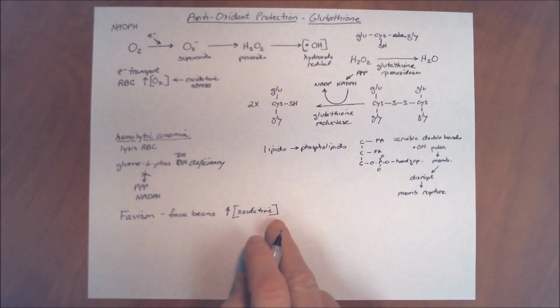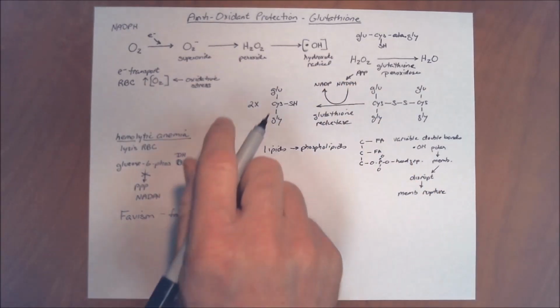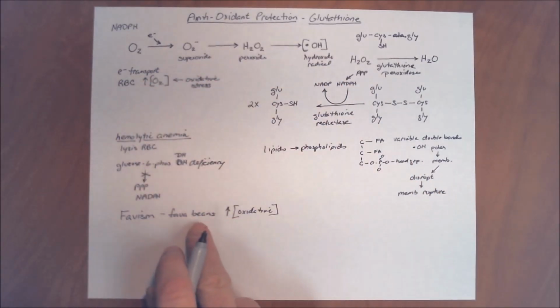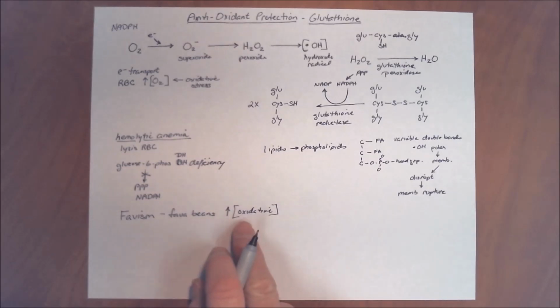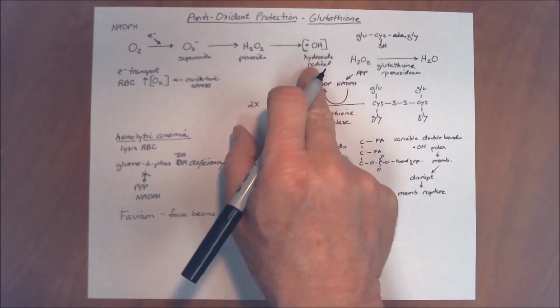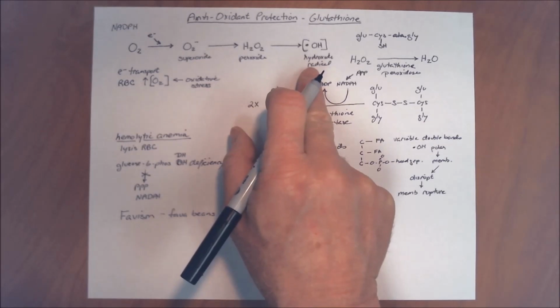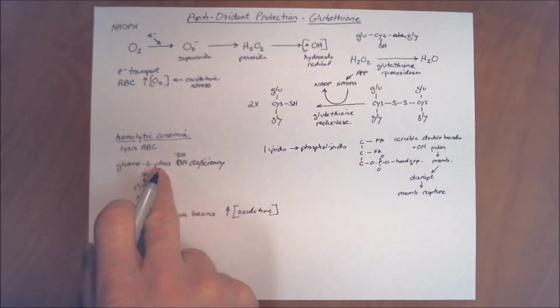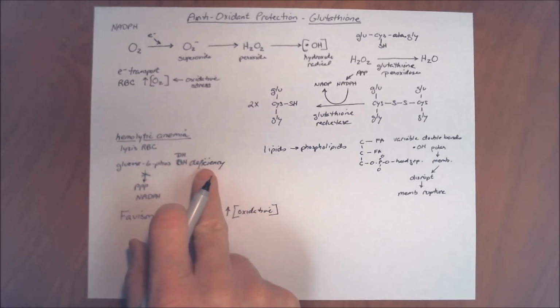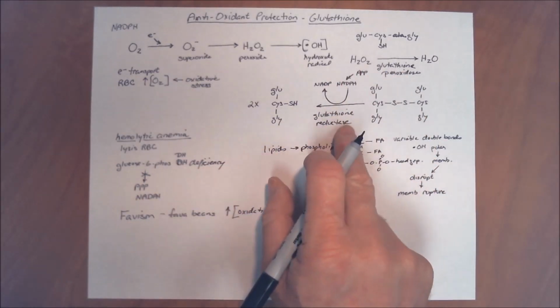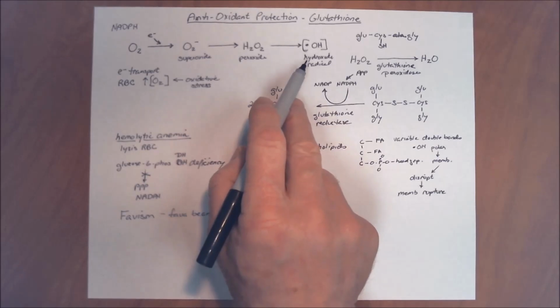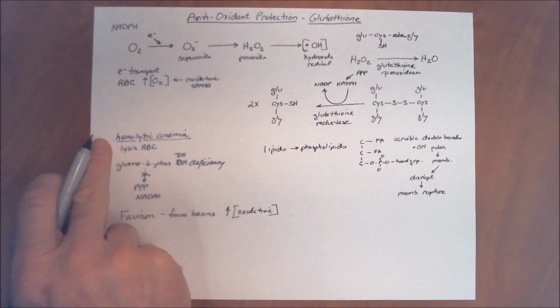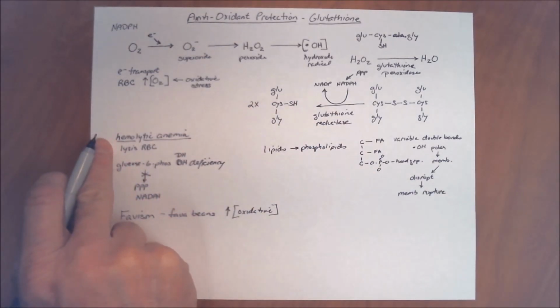So what this means is that with increased oxidative stress, because of ingesting fava beans and their components, we have an increased amount of hydroxide radicals. For individuals that have glucose-6-phosphate dehydrogenase deficiency, they are compromised in their antioxidant properties, and so these free radicals can dramatically increase their hemolytic anemia.